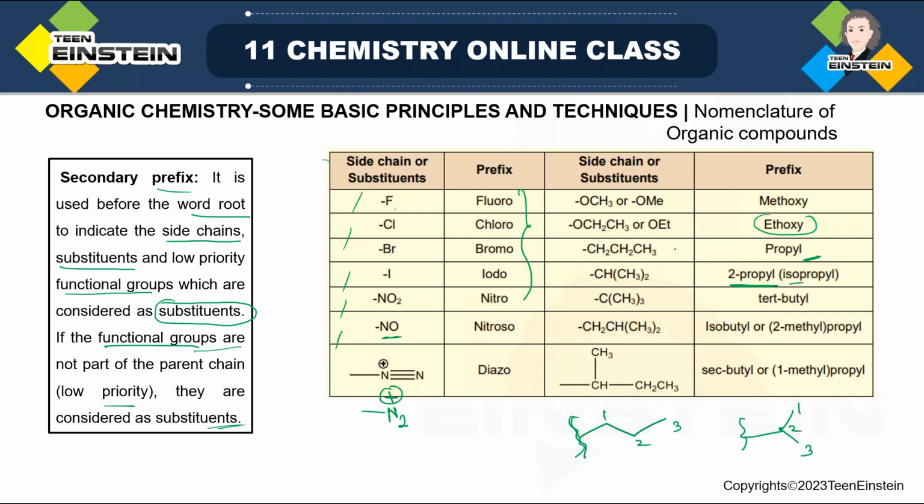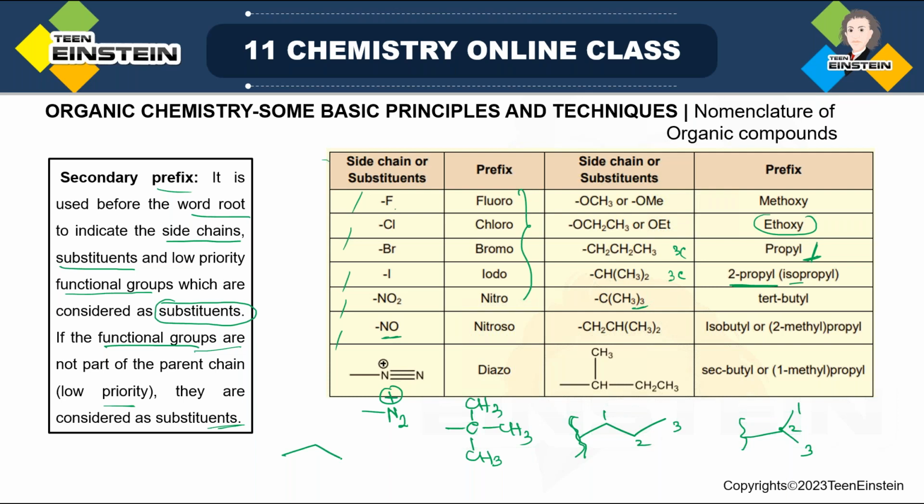So see the difference. This is also 3 carbon. This is also 3 carbon. But the terms are not the same. This is simply propyl. But now it is isopropyl, or you can say 2-propyl. Next we have 3 CH3 attached to a single carbon. Now it is 4 carbon obviously. For normal 4 carbon you use butyl.